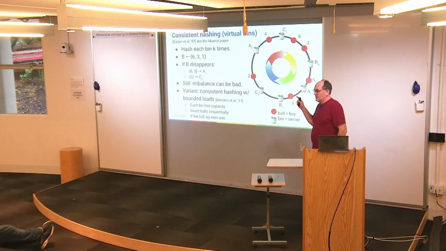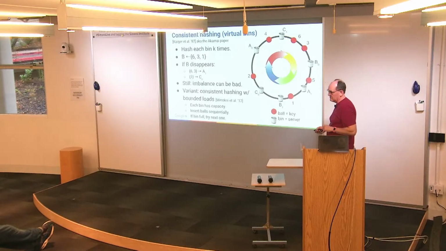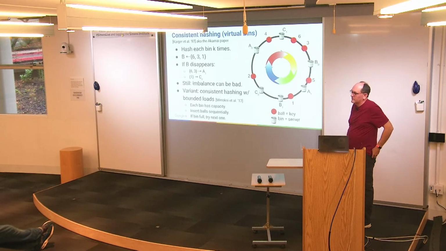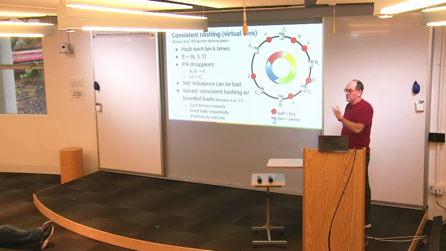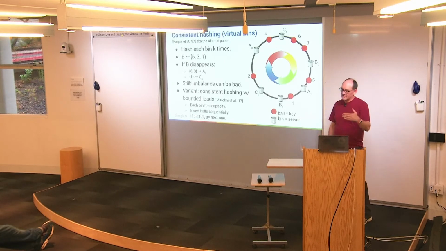And here's the bigger issue. Each of these balls in a typical setting might be a connection or some sort of request. The requests themselves are very non-uniform. And so if all you're doing is balancing balls, that's not necessarily enough to actually balance load. Maybe weighted balls? Yeah. But then the bigger problem is you don't even know the weights usually ahead of time. So you've got to do things that are more reactive.